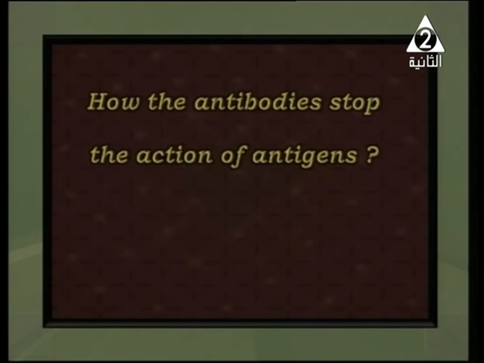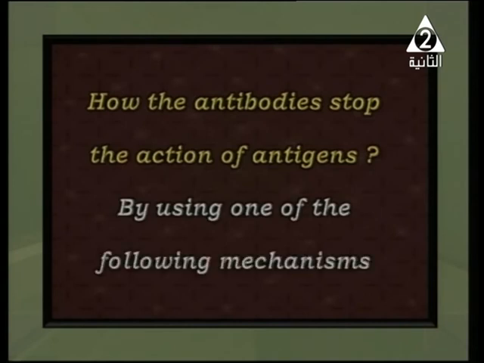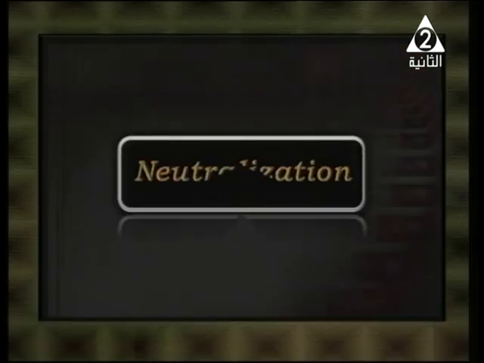The first mechanism is neutralization. From the title, neutralization, we have something that will be neutralized, by a chemical or something like that. I just need you to squeeze your mind here.